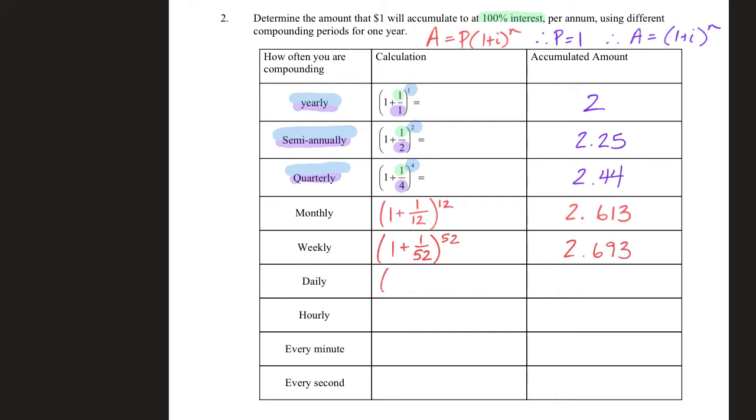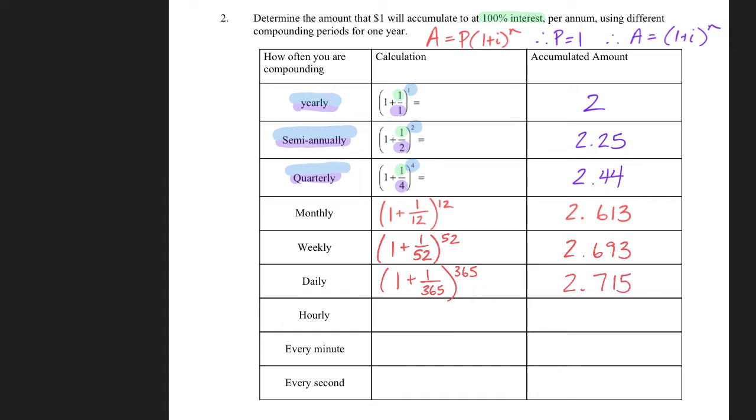Okay, our next one, daily. Well, we have 365 days in a year, approximately. And so if we calculate that, then we'll get approximately 2.715.